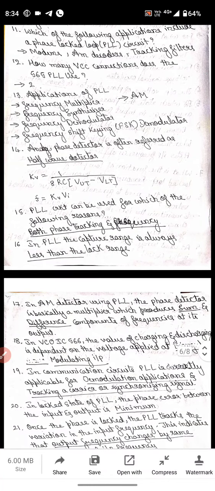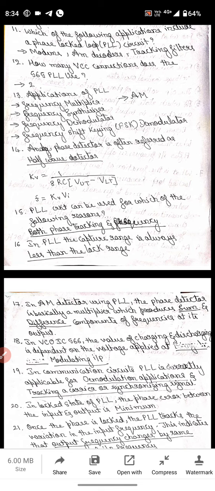Next, the analog phase detector is often referred to as a half-wave detector. Kv equals 1 divided by 8 into RC, that is VUT minus VLT.